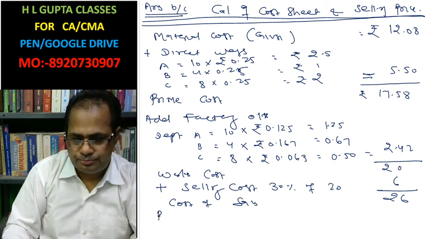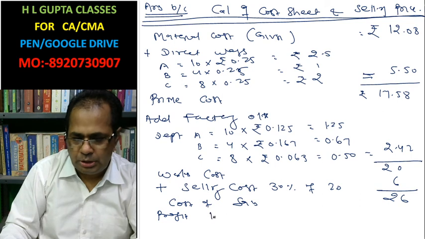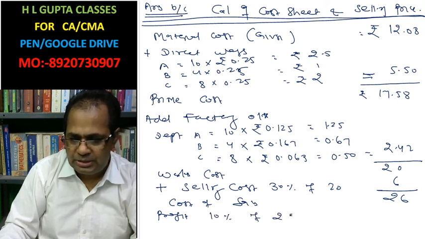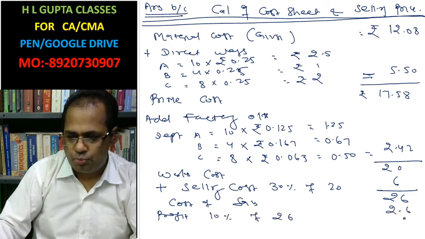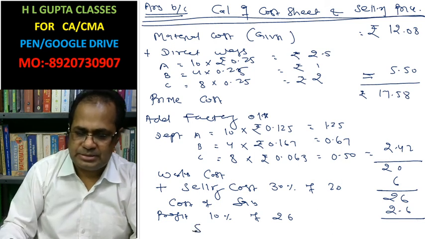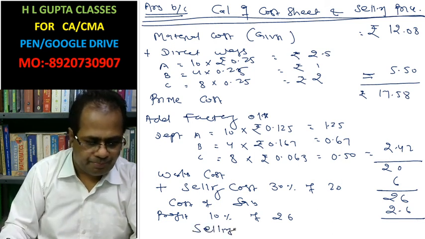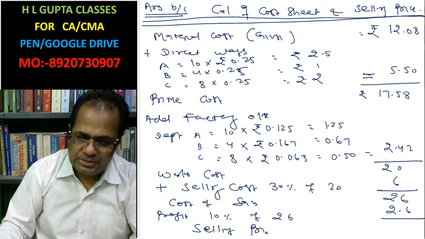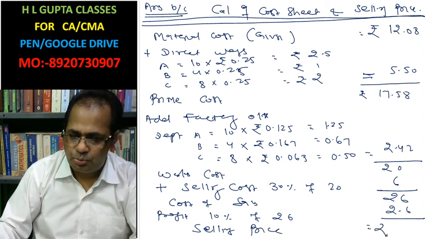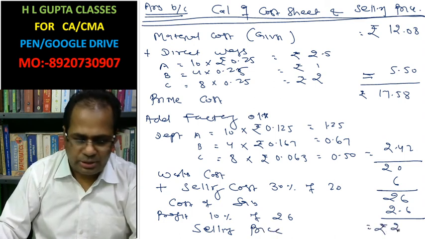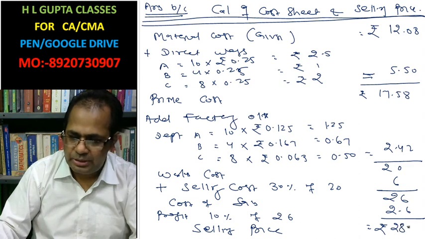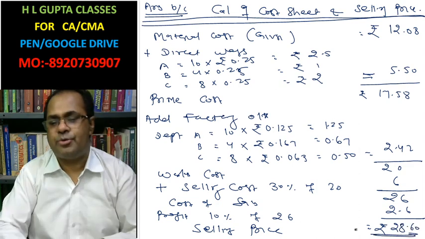Profit, 10% of 26, is 2.6. What will be the selling price? This is rupees 28.60. This you had to make.